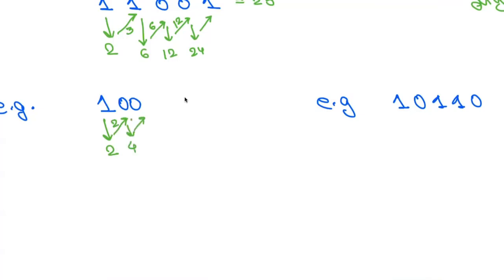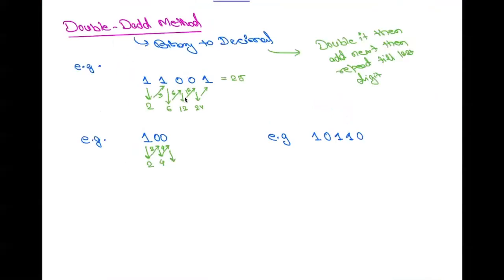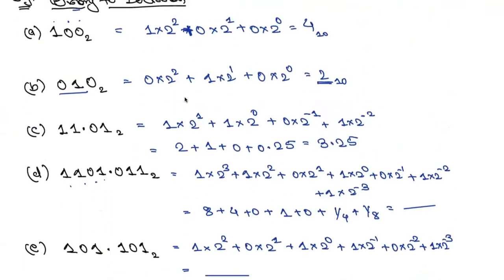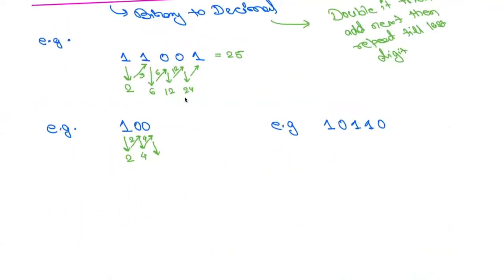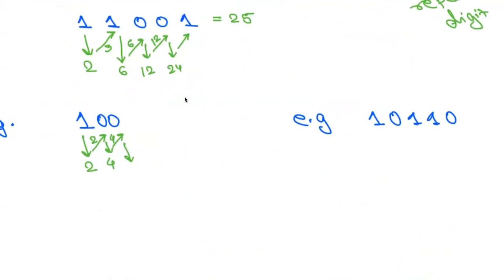Then we will add 0, then again we'll double it, it will become 8. So 100, what, 8? 4 ही रहेगा क्या? हाँ, 4 ही रहेगा, because this is the last addition.